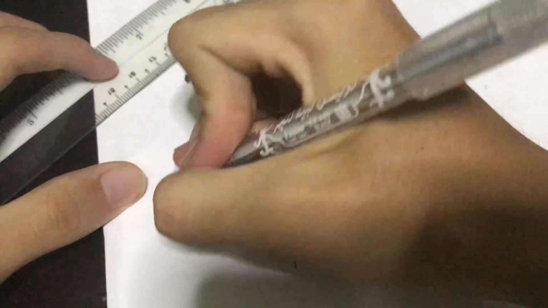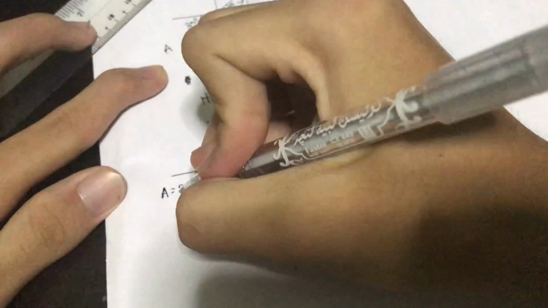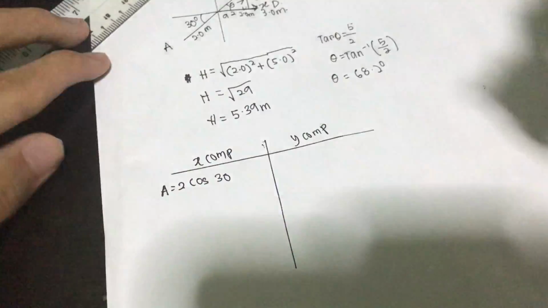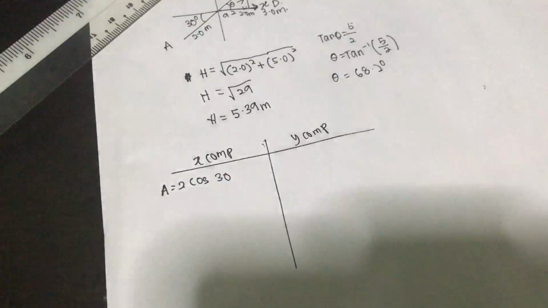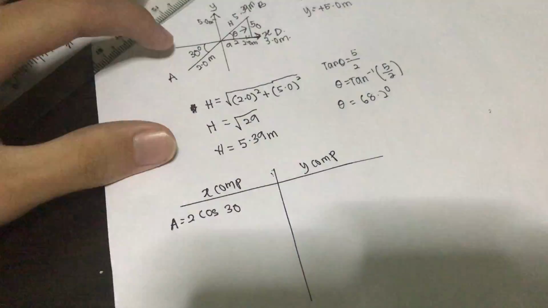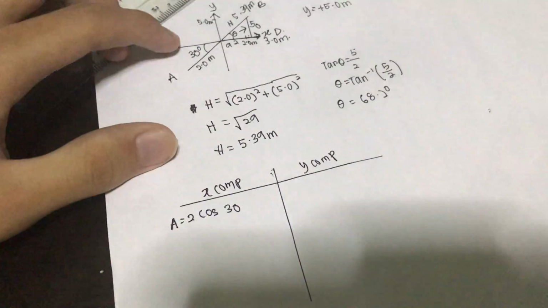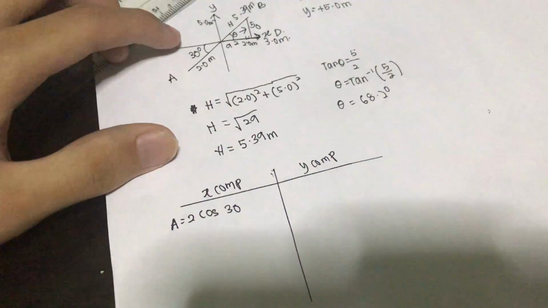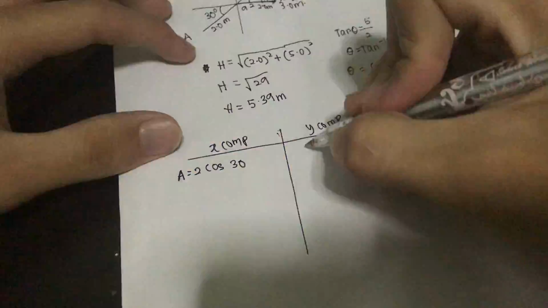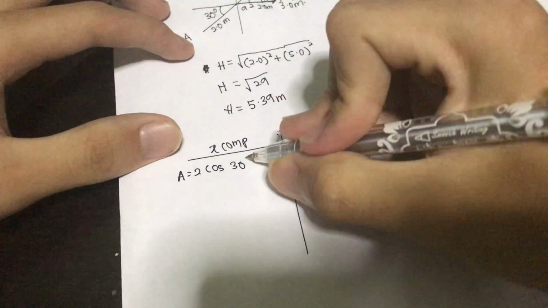For A we get 2.0, or 2 meters, cos 30, because we see in the sketch that A has its direction at the x-axis, so we use cos for x, and y is 2 sin 30 degrees.